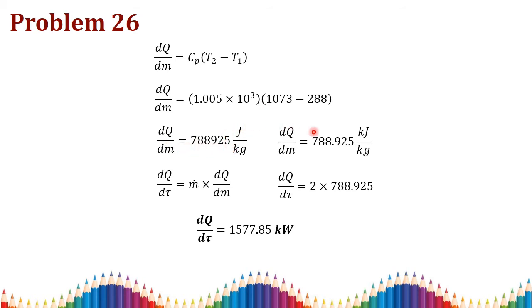Convert this into kilojoule per kilogram. But we need dq by d tau. This is for unit mass, so when we multiply with the mass flow rate, we get dq by d tau. So dq by d tau is equal to mass flow rate into dq by dm. Substituting the values, you will get dq by d tau as 1577.85 kilowatt.